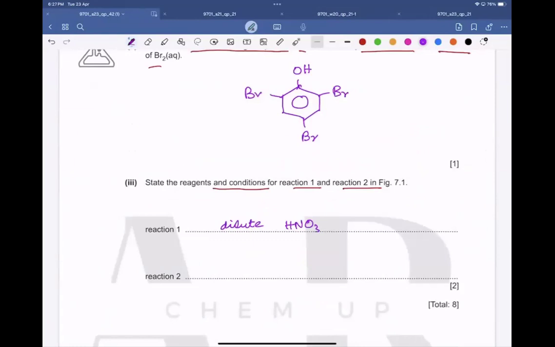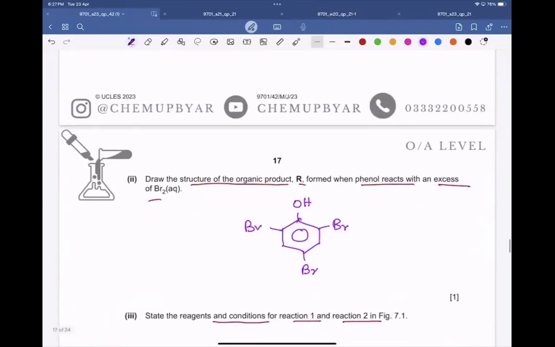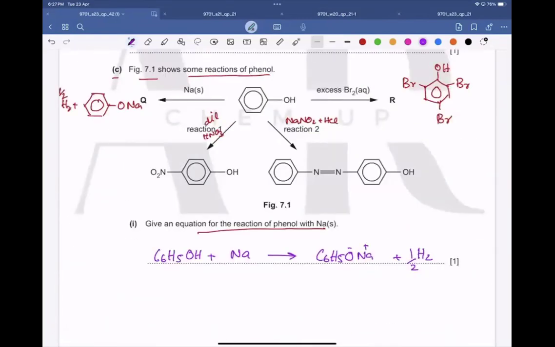For reaction 2, as we have discussed, oh, my bad. First we use this, then, okay, sorry. The phenol is here and this is getting substituted here. So it means here we were using a diazonium ion.